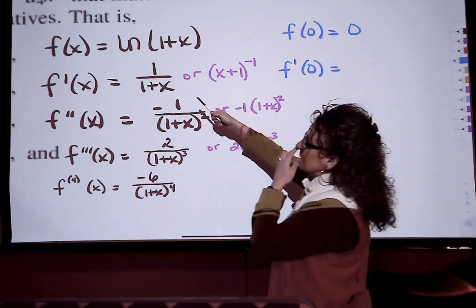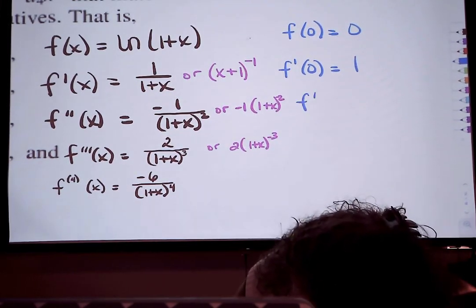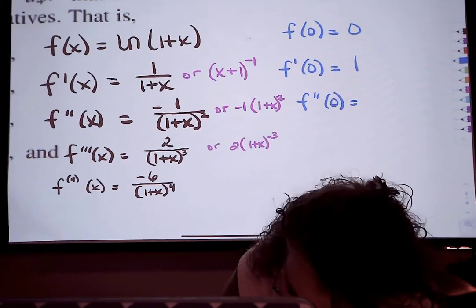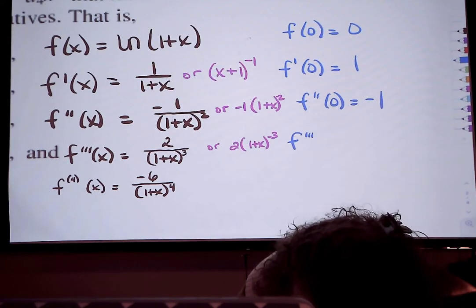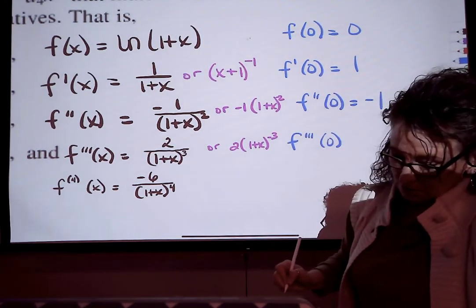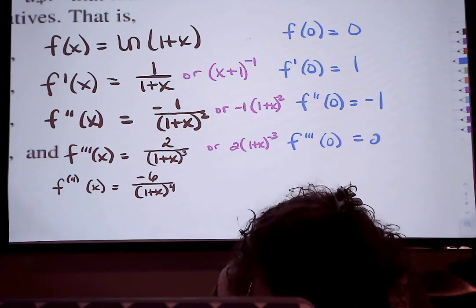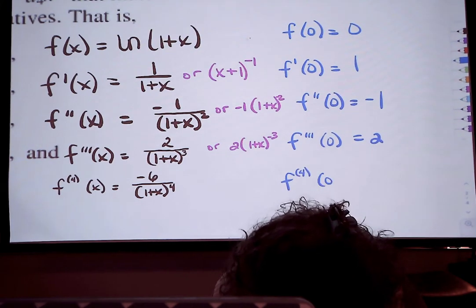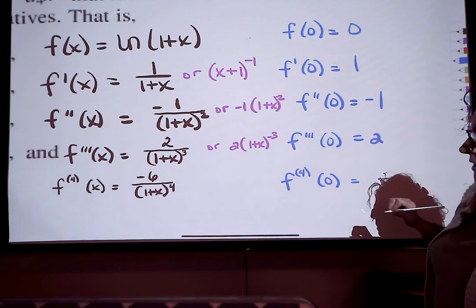F prime of 0 is 1 over 1, which is 1. Double prime, negative 1. Triple prime, 2. Fourth, negative 6.